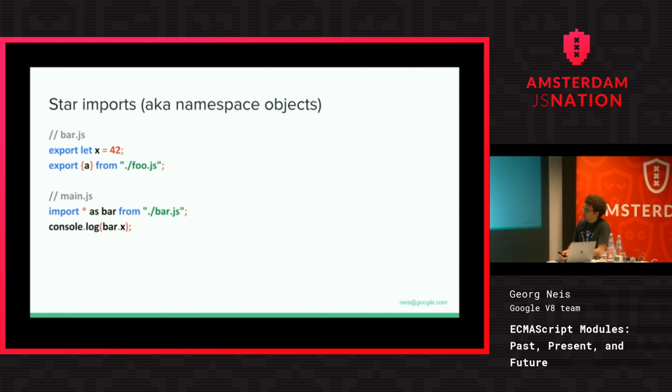Here we're giving a name to a so-called namespace object. So this does not immediately import all the things and put them into your local namespace, but it imports everything in the form of an object that you call bar. So you can choose the name for the object, and then you can access the exports using just property access.